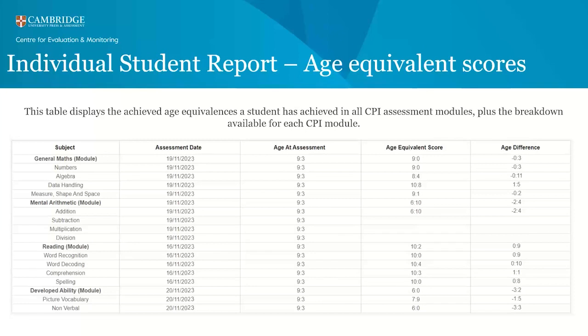Again, I'm just going to move through some of these tables quite quickly. We can talk about this in greater detail later on, but I've just zoomed in a little bit. Apologize for the tiny writing, but basically this is giving you a detailed summary for each module in each section, showing the student's age, the age equivalent score, and the difference between them.